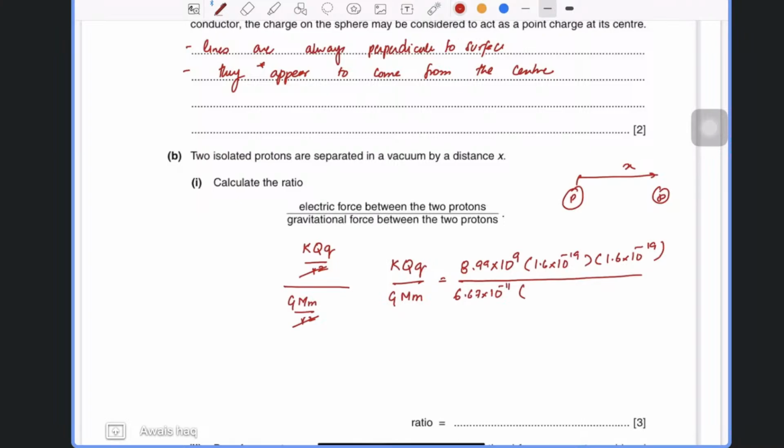You can remember this by doing many questions. It will save a lot of time for you. The mass of a proton is 1 u, which is 1.66 times 10 raised to the minus 27, and 1.66 times 10 raised to the minus 27. All right, what do you get?